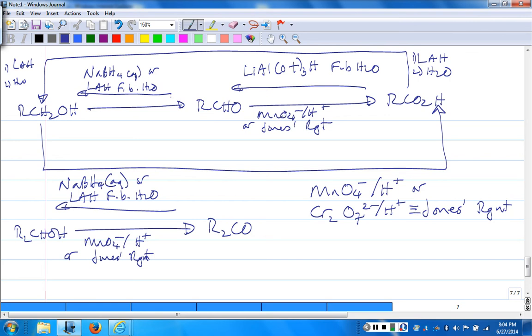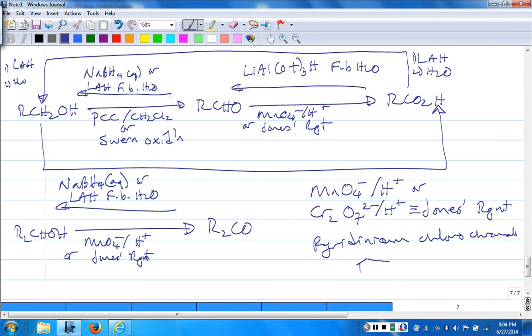There are two reagents that are commonly used. One is called PCC, which is used in methylene chloride, and the other one is called Swern oxidation. We're not going to get into great detail of what these things are. PCC is an acronym for pyridinium chlorochromate.